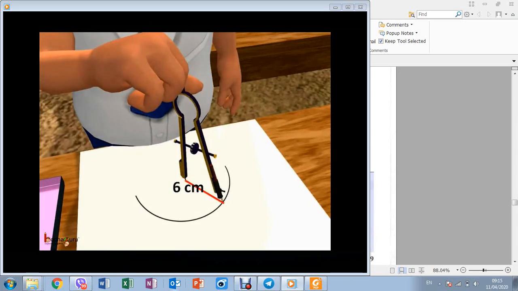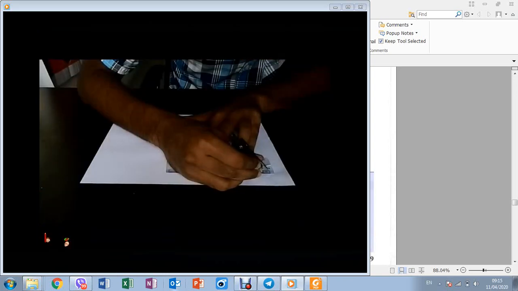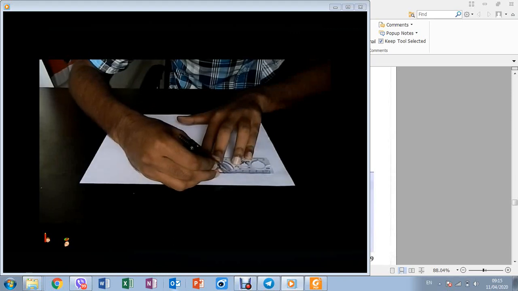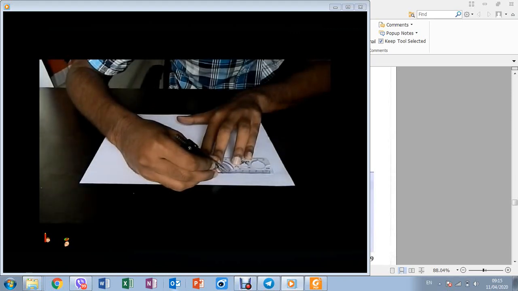And when I tell them to draw a circle with a radius of 6 centimeters, what do you need to do? I show them now: open this compass, use a ruler, open it until 6 centimeters.